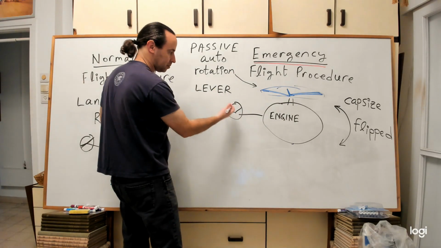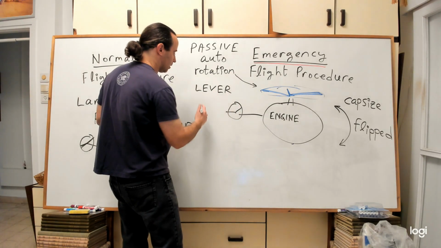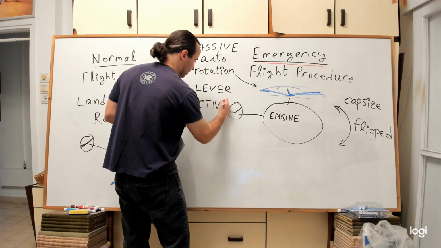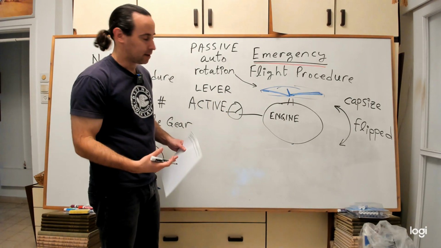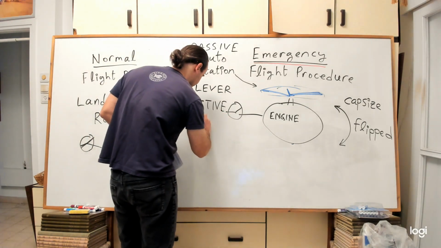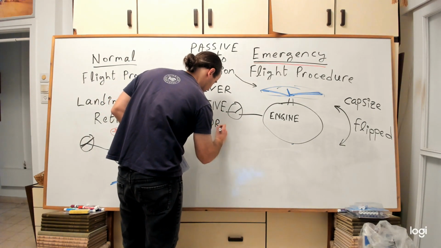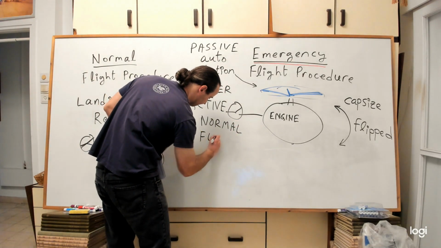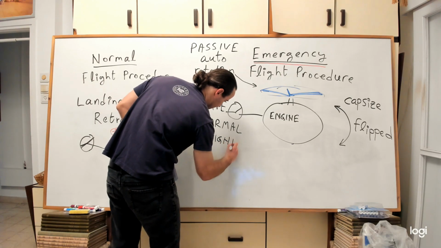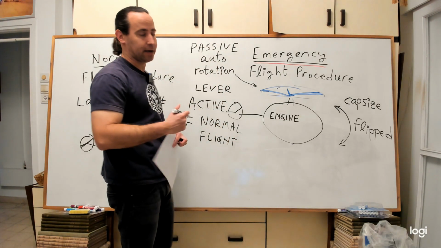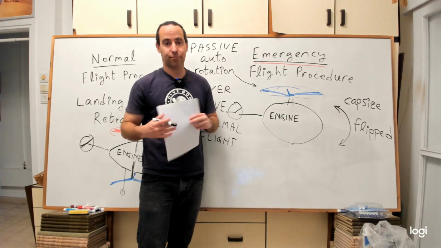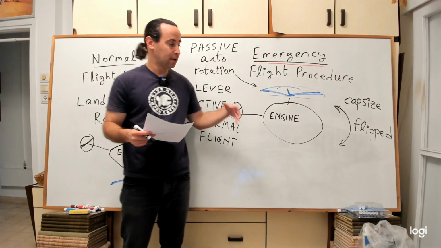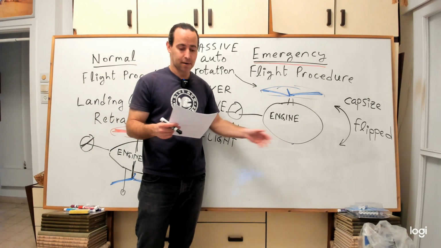And if you pull the lever and you manage to do this, then it goes to active, which is like a normal flight. But of course you don't fly far away, you just fly until you can rescue yourself, like if you're behind the enemy lines or something like this.